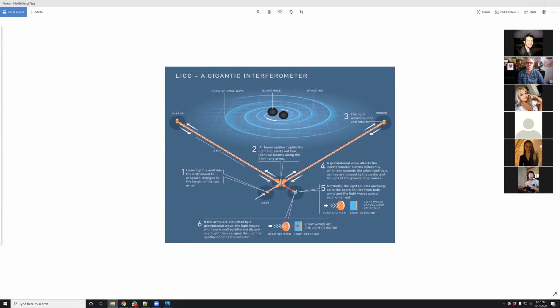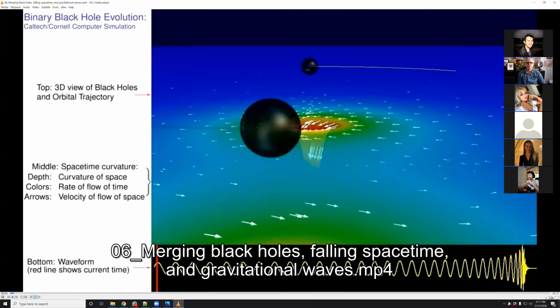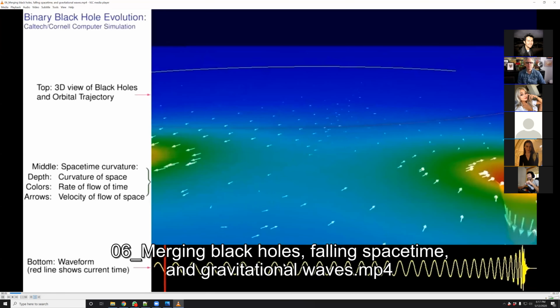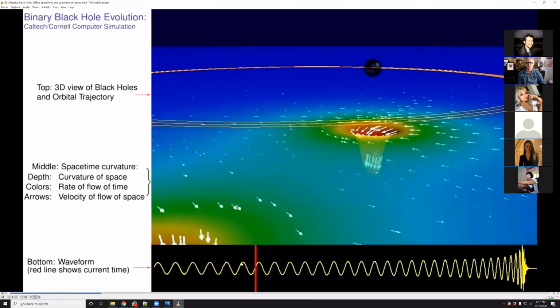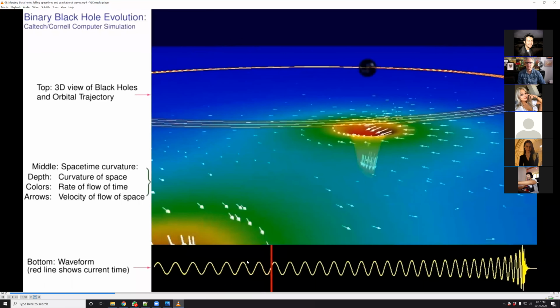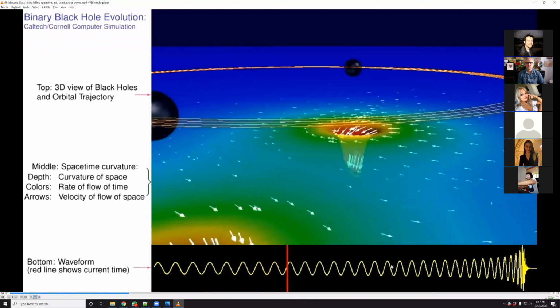So back to this video, when the black holes are getting closer and closer together, the gravitational waves are getting closer and closer, and it comes into a pulse. So you see here along the bottom of the video, we have the frequency of the waves. And as the black holes get closer and closer together, you see that they're getting faster and faster and faster.